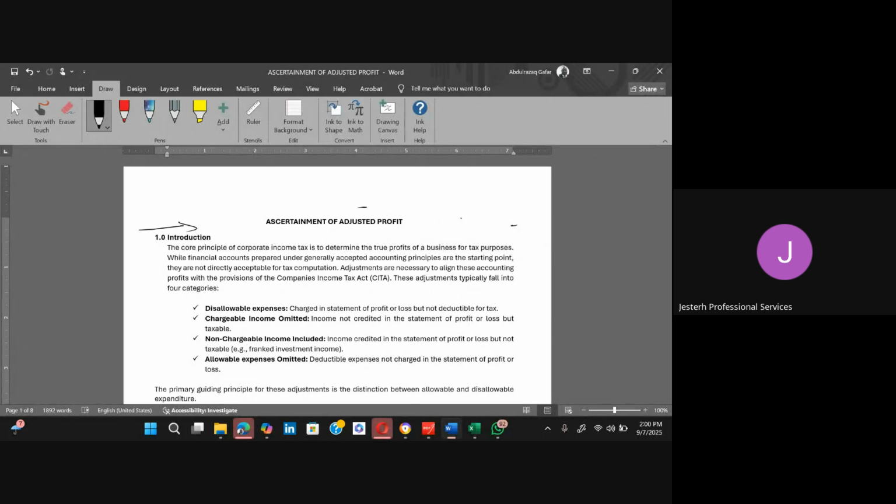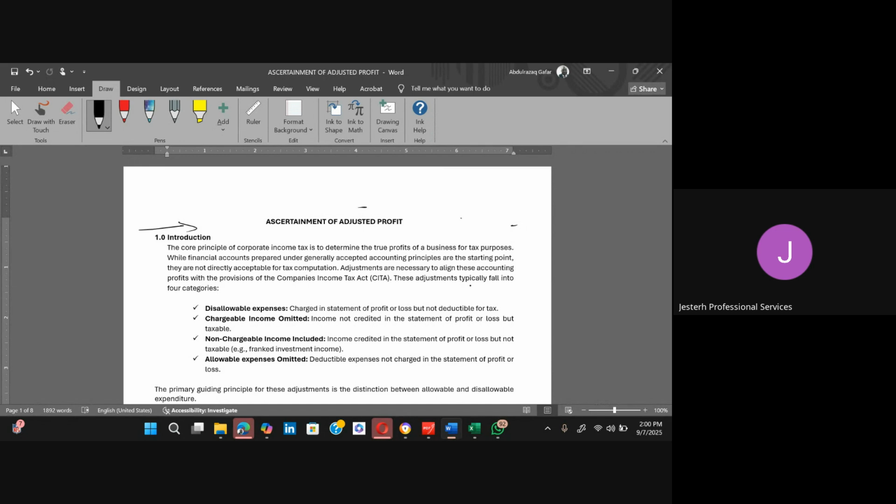So on the notes, we have that corporate income tax determines the true profit of a business. That is what taxation is all about. We want to determine how much a company will be assessed to tax. Financial accounting is prepared under generally accepted accounting principles, as earlier explained.